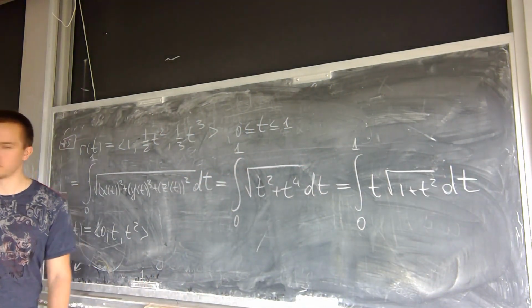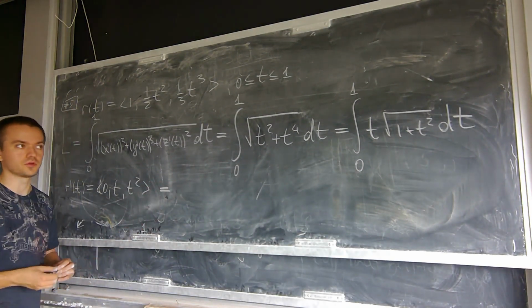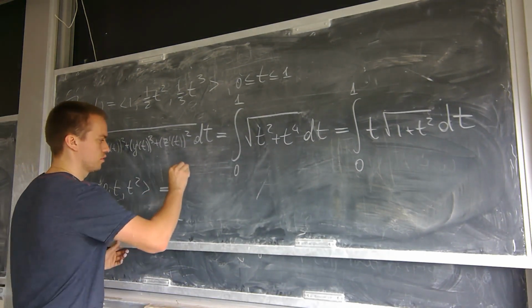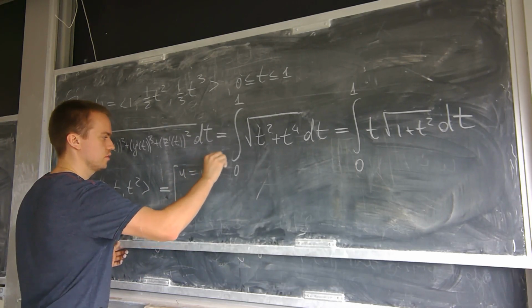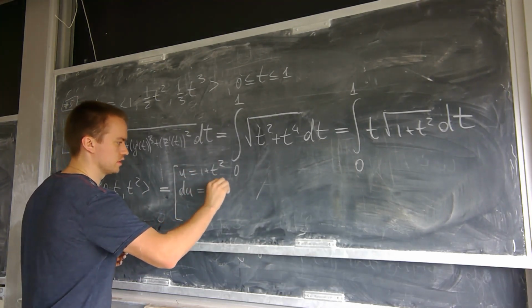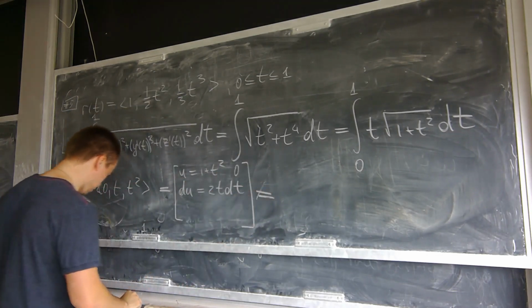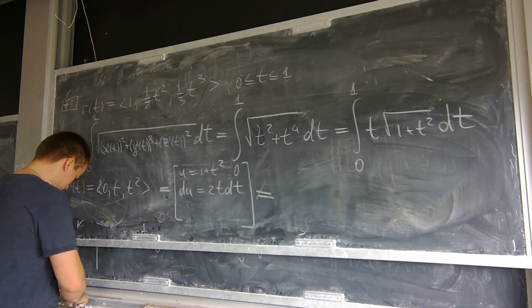And next, what am I doing? I'm doing u substitution. So here my u equals 1 plus t squared, so my du equals 2t dt. So what should I do with my integral? How should I rewrite it?